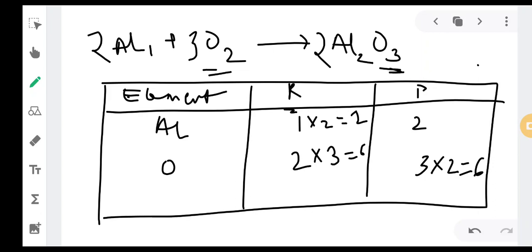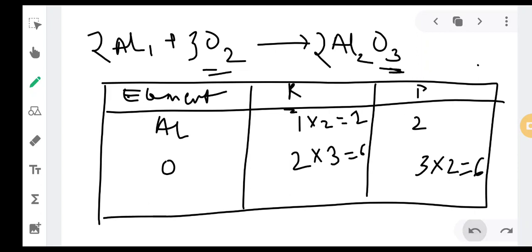Now the aluminium has become unbalanced on the left hand side and right hand side. Aluminium has become 4 in number and oxygen has become 6 in number. So oxygen is balanced over here, but what is unbalanced is aluminium.